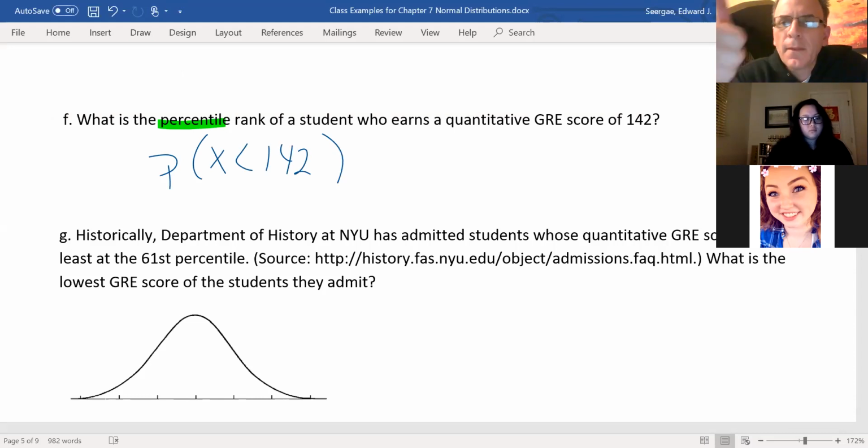Okay, cool beans? Cool. All right, now in part G, what if I give you a percentage and we have to work backwards and we want to find the score that matches that? So look at question G real quick.